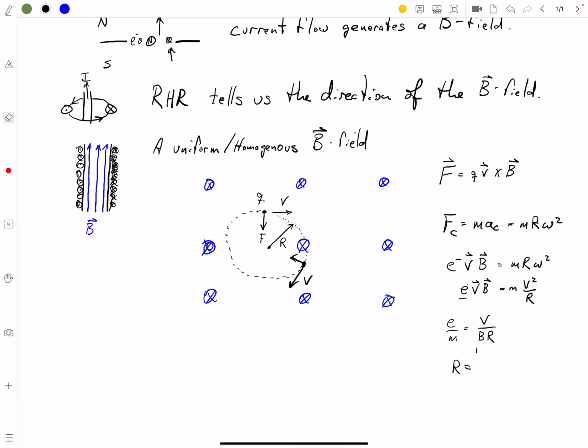You can solve for whatever you want, but this is a how many knowns, how many unknowns? We got 1, 2. Well, this is known. So 1, 2. The mass of the electron's known. 3, 4. 4 things. So you could be given 3 things and figure out the fourth.